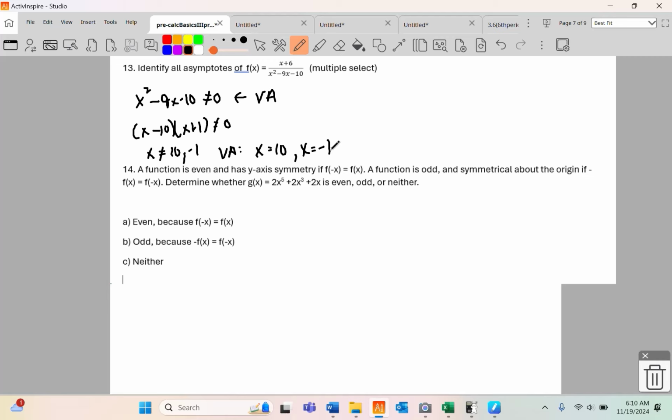The other one here, on this particular example, you should realize that you can't do long division. I guess you could, technically. Let's go over long division. I'm not saying you can't, I'm just saying you shouldn't. But long division always yields the asymptotes.